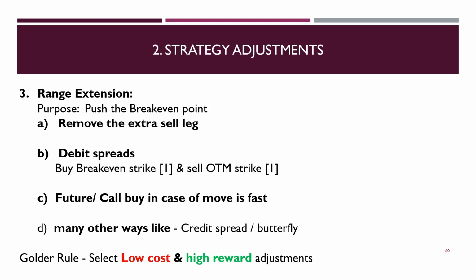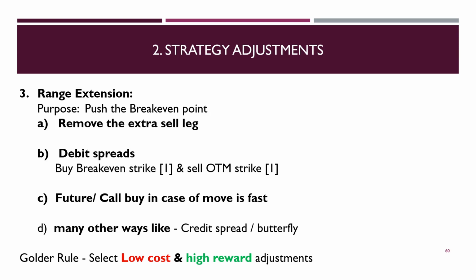Now third, when the underlying is moving in momentum or maybe there is a gap, then we should do this adjustment, and it is done by hedging the upside by buying a future or call.